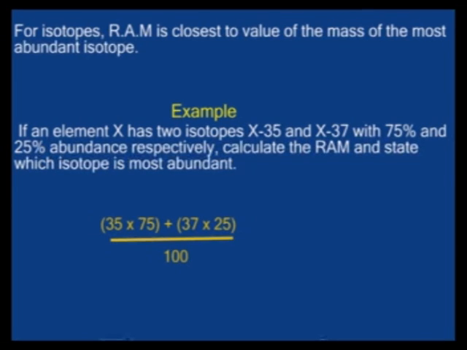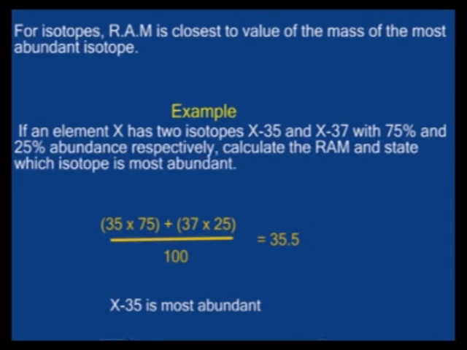If you calculate that, we'll get 35.5. Now this value is closest to 35, and therefore X35 is the most abundant of the two isotopes. Now that was quite simple.